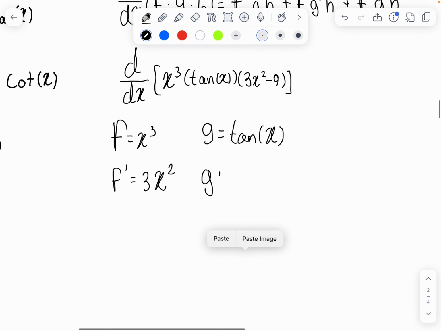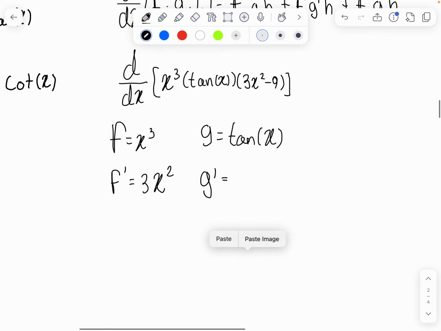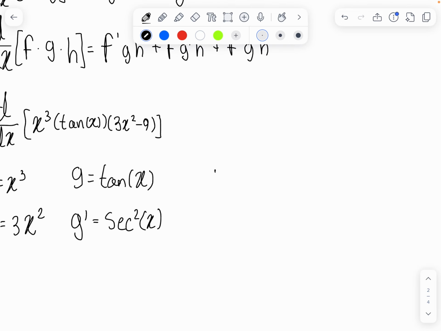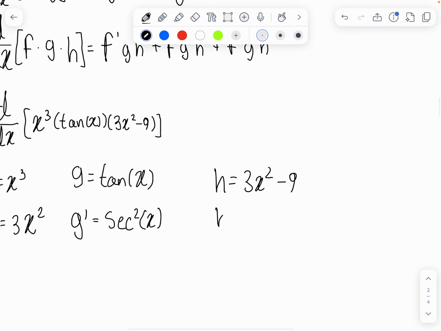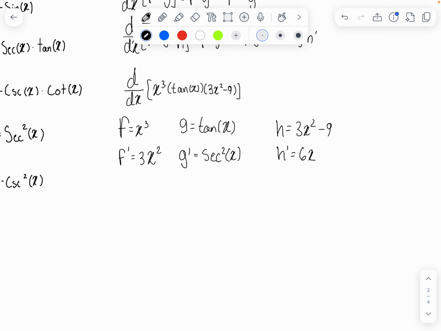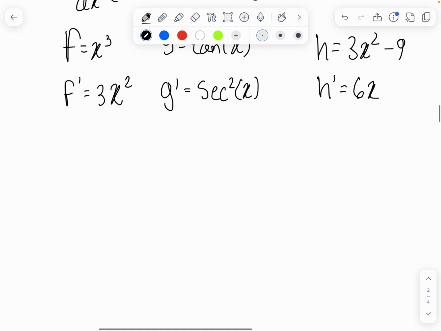And g prime equals 6x squared times x, and h equals 3x squared minus 9, and h prime equals 6x. And multiplying everything. Oh my god. Okay, come on.